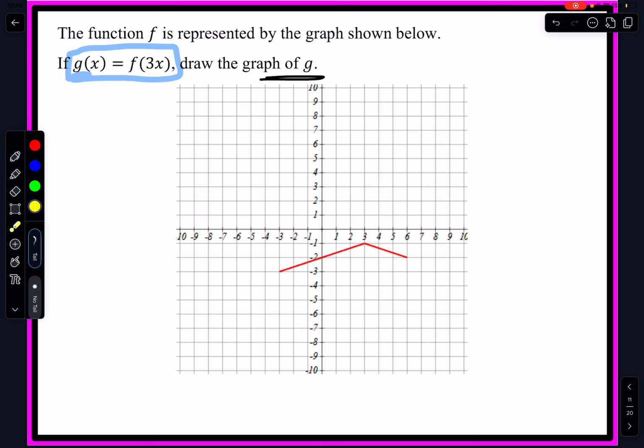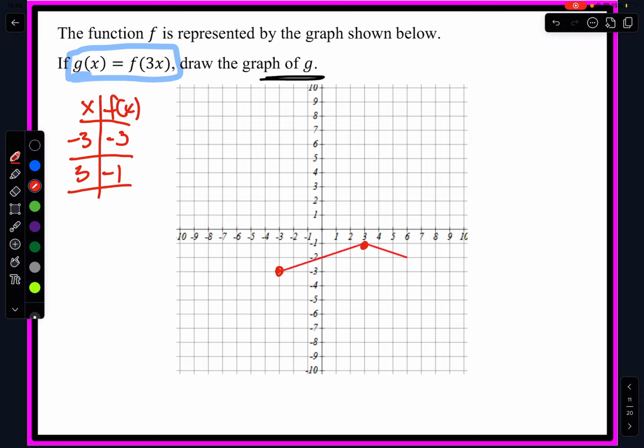So even though it says 3 times x, we're not going to multiply the x values of this graph by 3. This point here is (-3, -3). The coordinate for this one here is (3, -1), and the coordinate for this one is (6, -2).